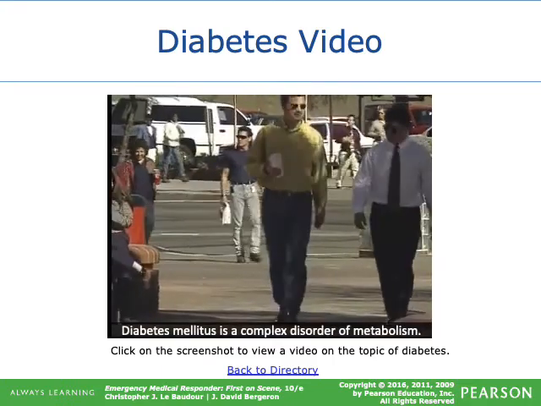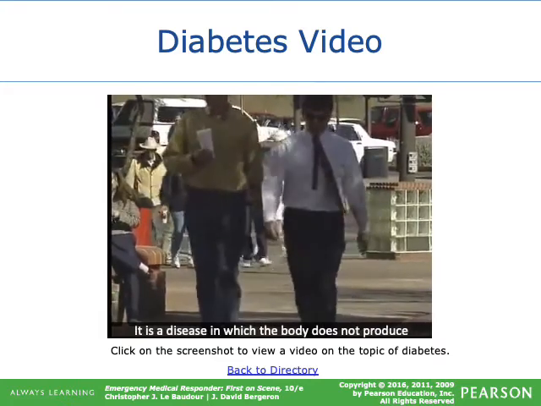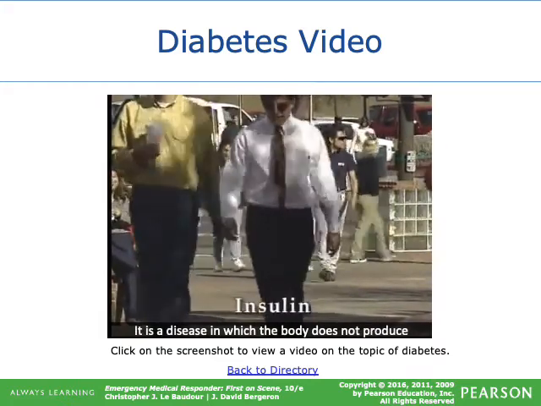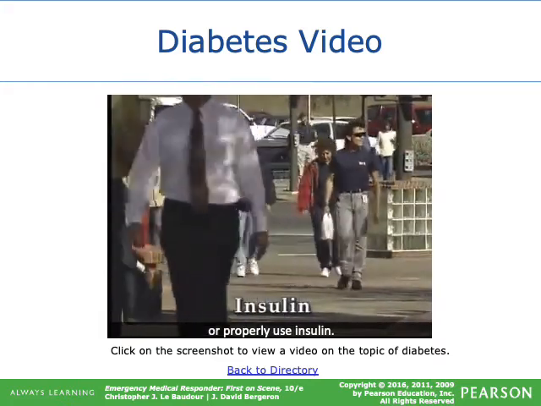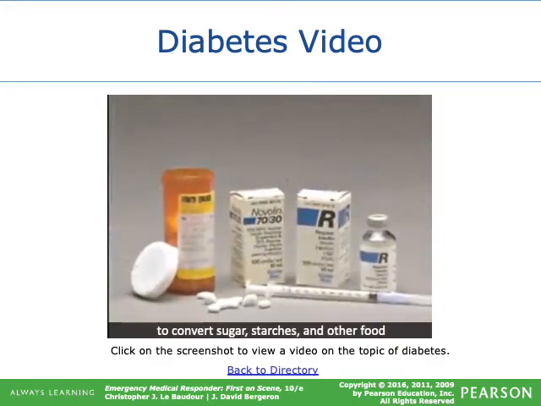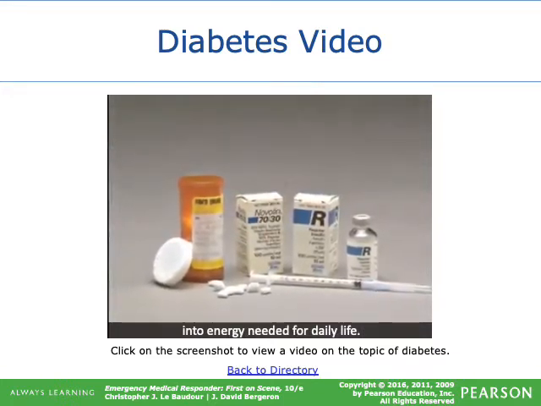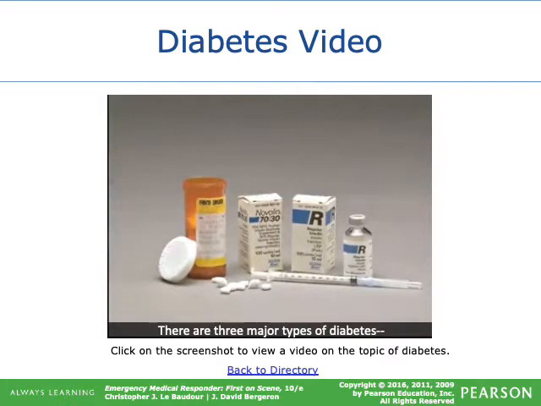Diabetes mellitus is a complex disorder of metabolism. It is a disease in which the body does not produce or properly use insulin. Insulin is a hormone that is needed to convert sugar, starches, and other food into energy needed for daily life. There are three major types of diabetes.